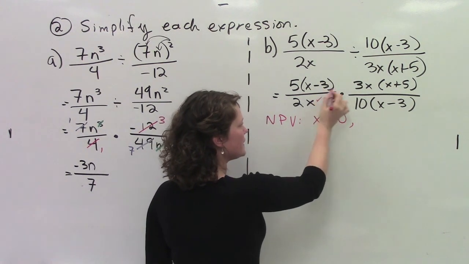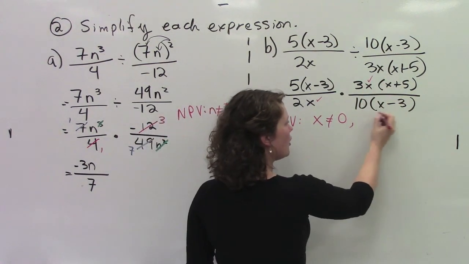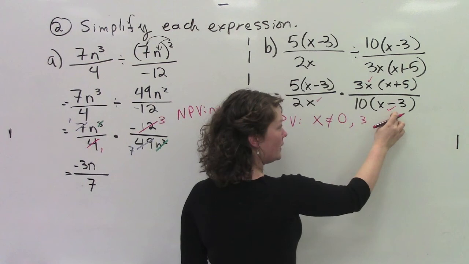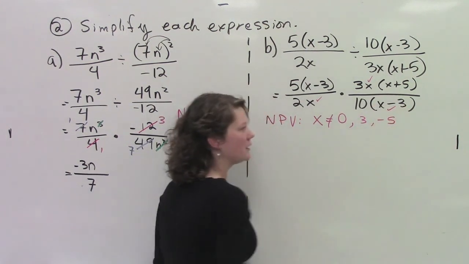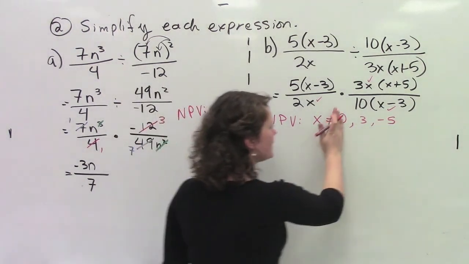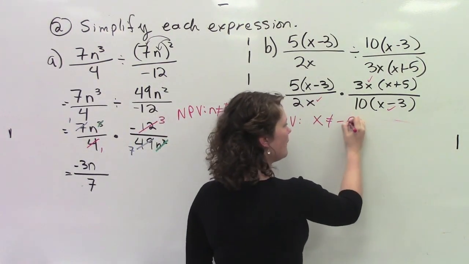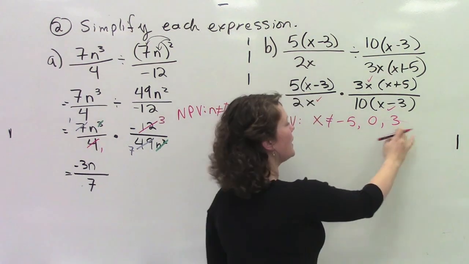Okay, that is this. X cannot equal positive 3. And x cannot equal negative 5. There are 3 of them. What's the best format to write this in? Negative 5, 0, 3. Lowest to highest.